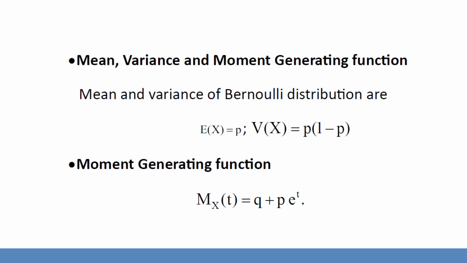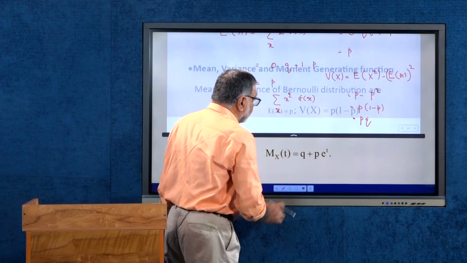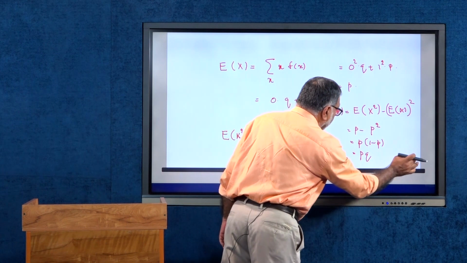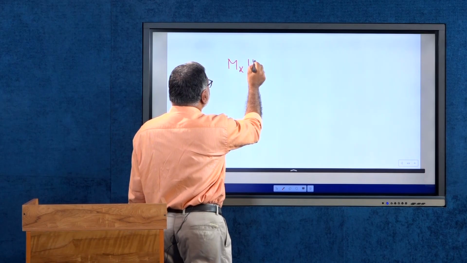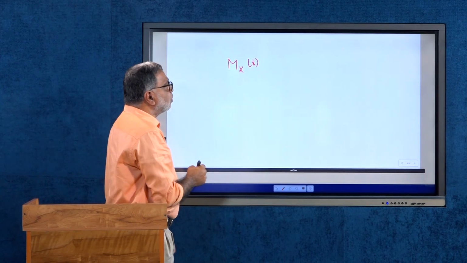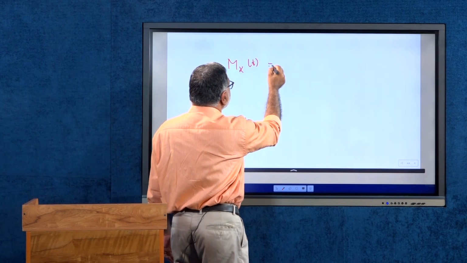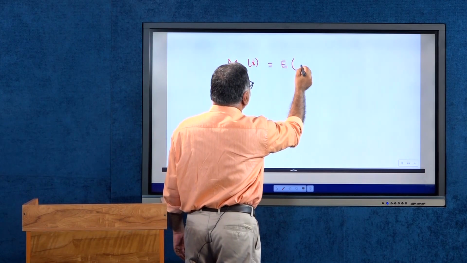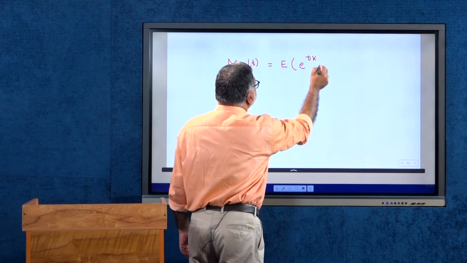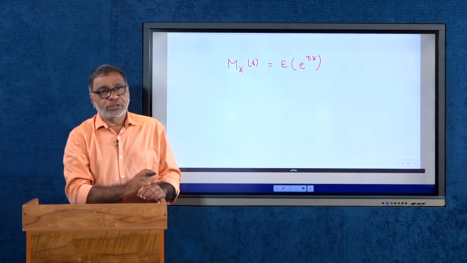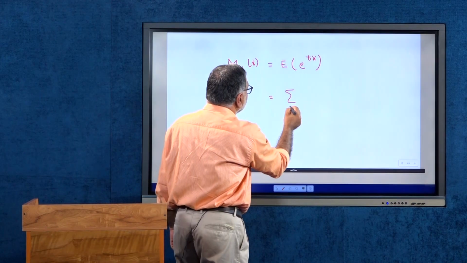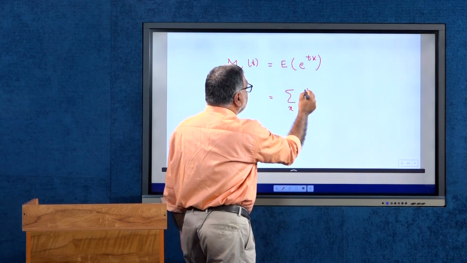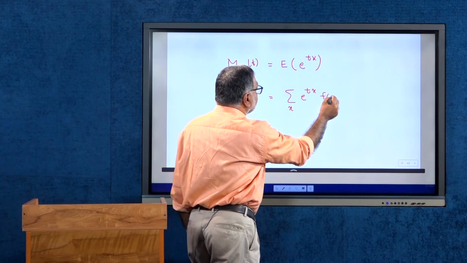Next, the quantity we are going to find is the moment generating function. What is the moment generating function of the Bernoulli random variable? As discussed in the previous unit, the moment generating function M_x(t) is the expectation of e power tx. It is obtained by summation over x of e power tx into f(x).